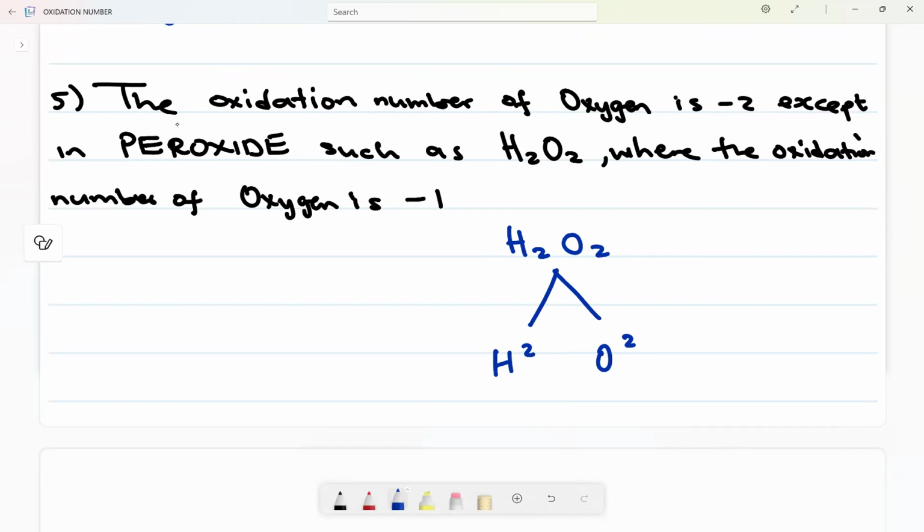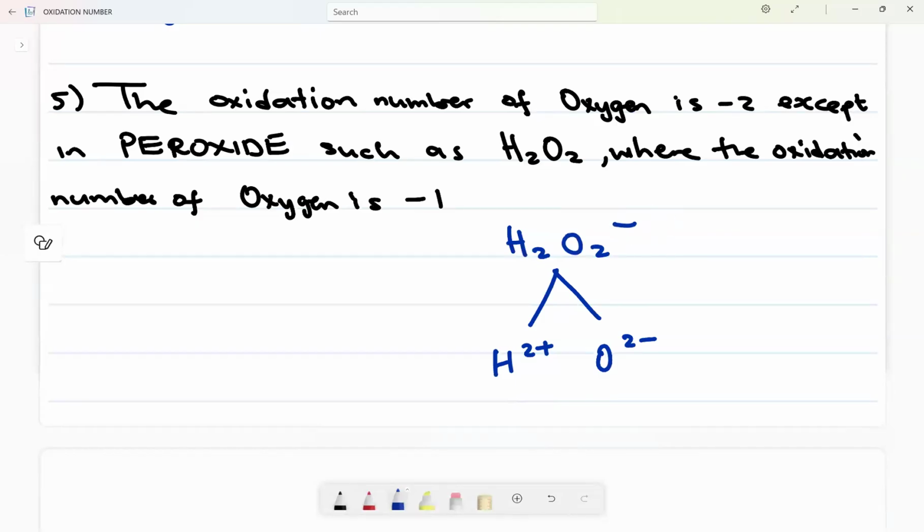This we know needs to be positive, this needs to be negative. But now can you see that we need to divide both sides by 2, since it is 2 is to 2. It means it can be H plus and then O minus. But I'll explain it more thoroughly when we go to how to calculate an oxidation number in a compound, where we say the net charge here is 0.